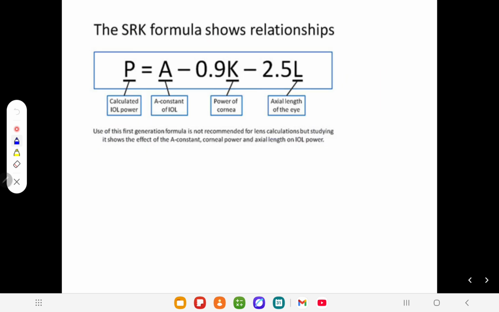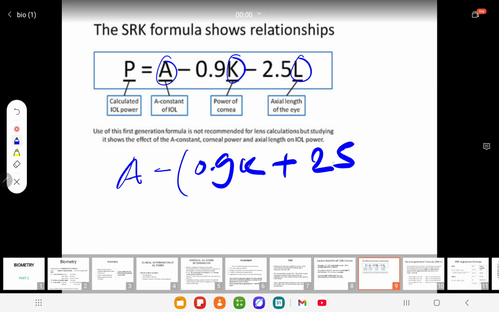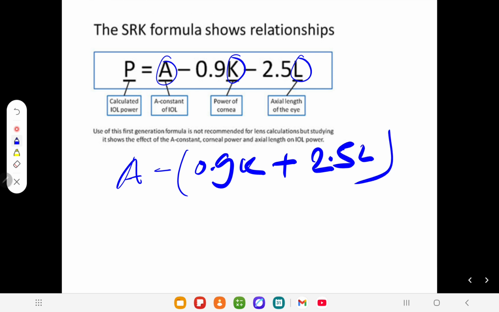So I want to talk about it very deeply. We know it's A minus 2.5 axial length minus 0.9 K. I want to divide this formula like this. A is positive, like 118, let's take an example. Otherwise, I can write 0.9 K plus 2.5 L, isn't it?